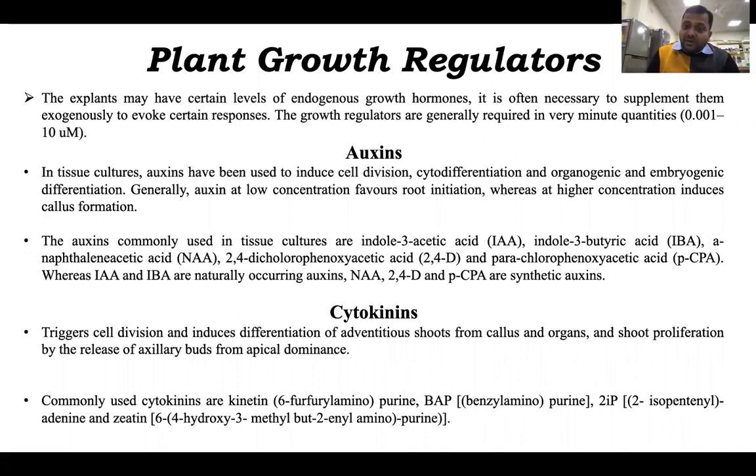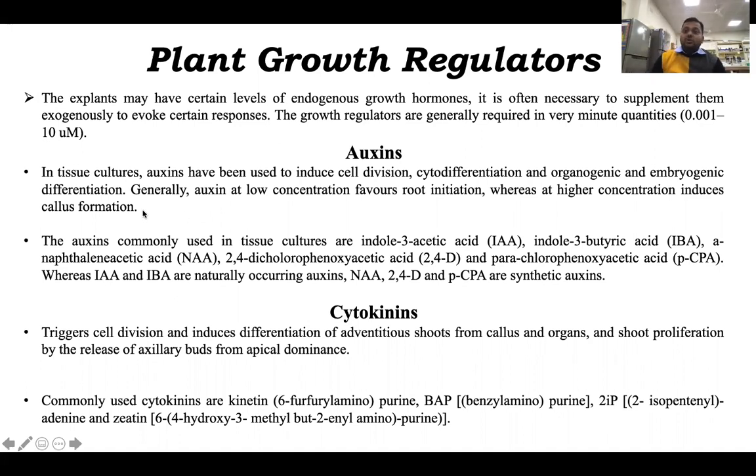Now, one of the major ones, as you might have read before, are the auxins. Auxins are known to promote root growth, but that happens at lower concentrations. At higher concentrations, they induce callus formation.